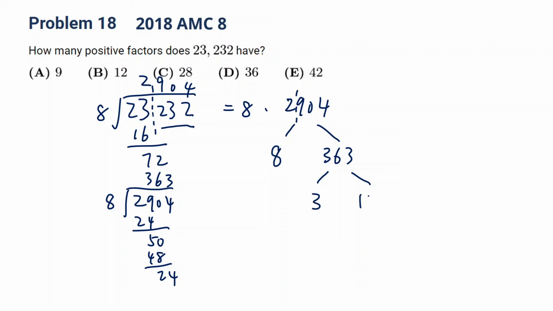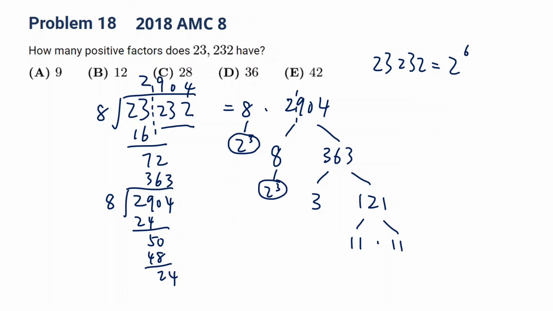So let's do 3 times 121. 121 is 11 times 11. Okay, we are done. So the prime factorization of 23232: 8 is 2 to the power of 3, and another 8 is 2 to the power of 3. So in total it's 2 to the power of 6 times 3 times 11 squared.